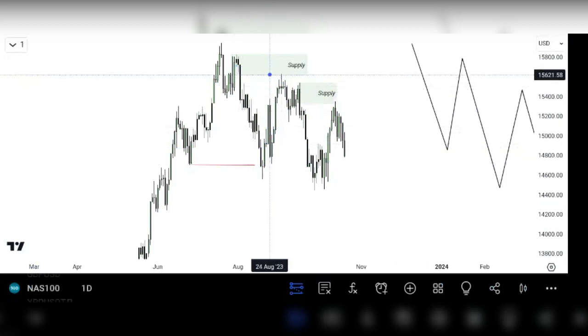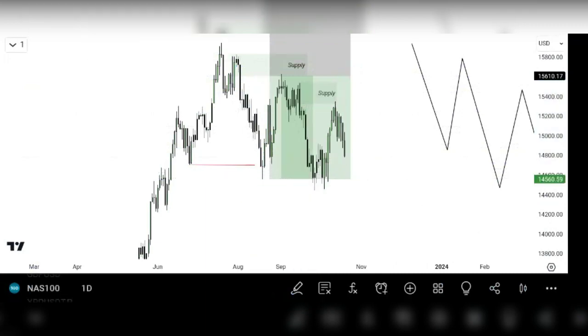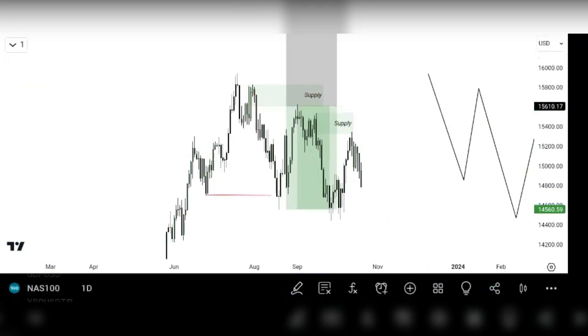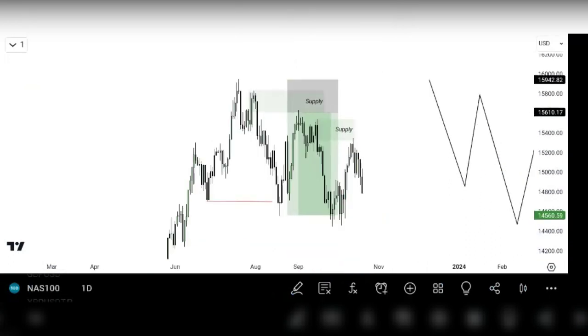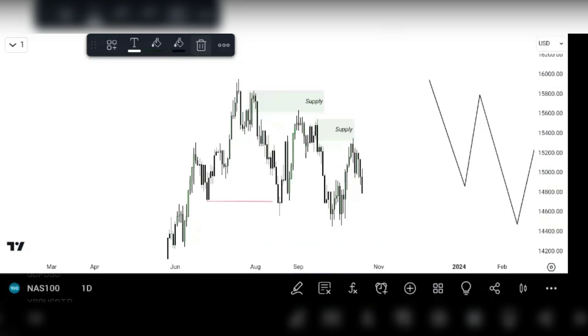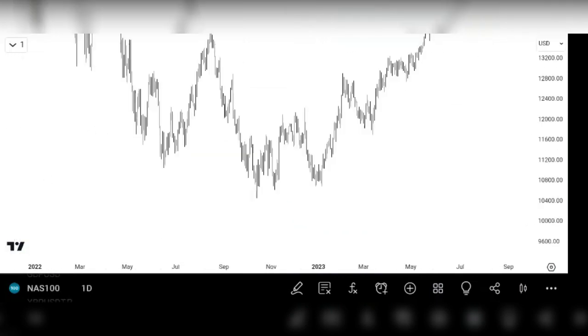You have your sell and you target the next low, and you have something of this nature, and price would sell down immediately.